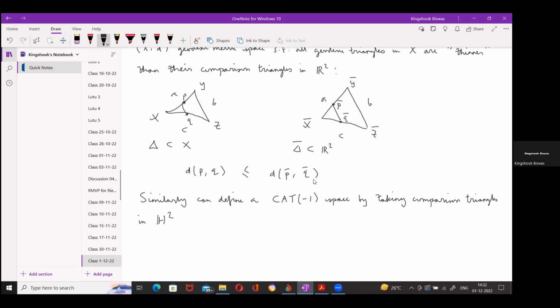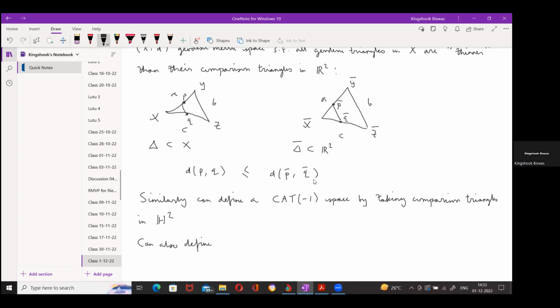So actually, why were these defined? Similarly, H2 itself is CAT(0), right? Yes, but that needs a proof. Any CAT(-1) space is CAT(0).